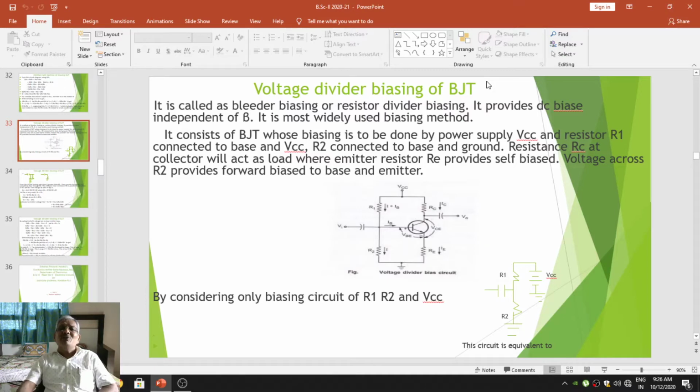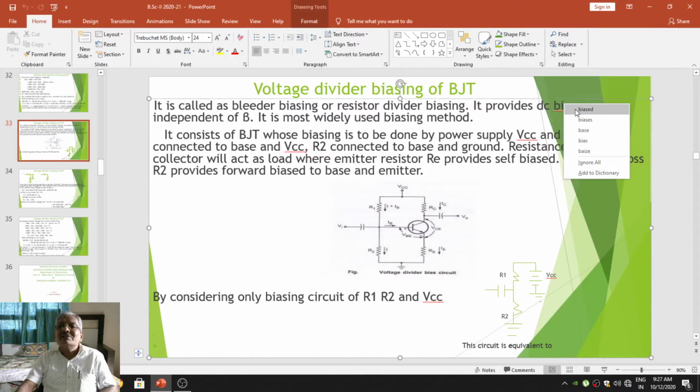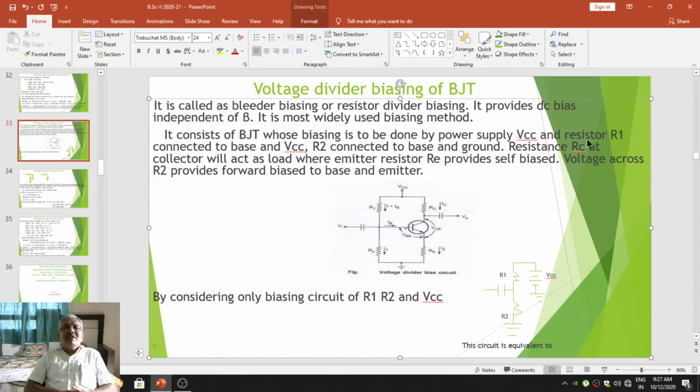That is the reason why it is called the resistor divider biasing method. It is also called the bleeder biasing method. Friends, don't confuse between voltage divider, resistor divider and bleeder biasing method. All are one and the same.